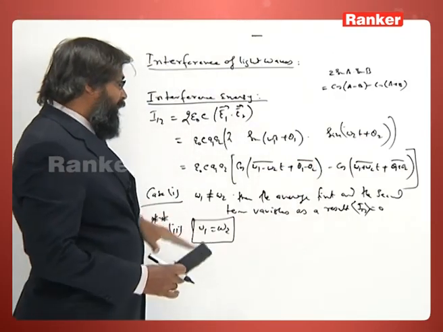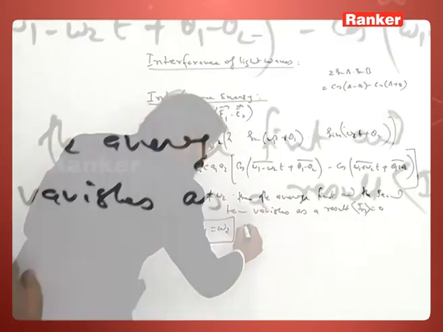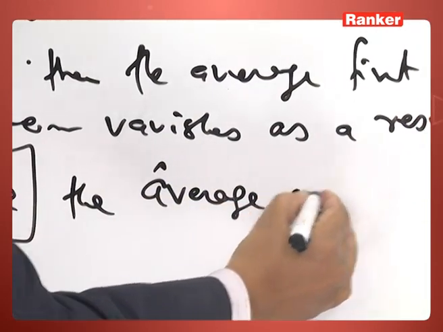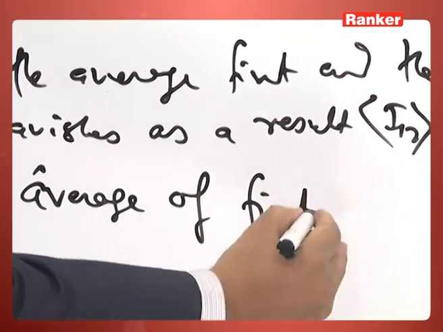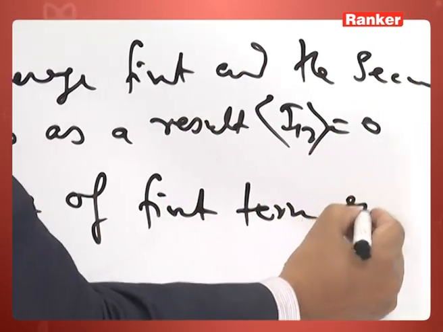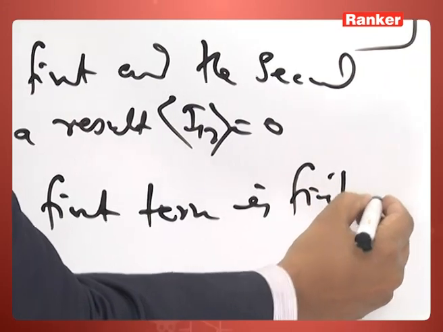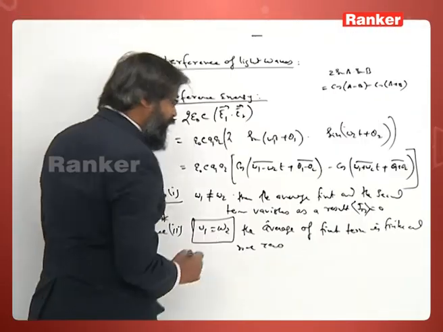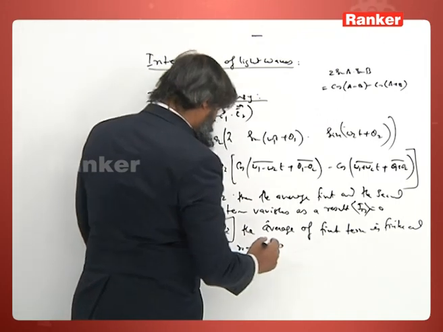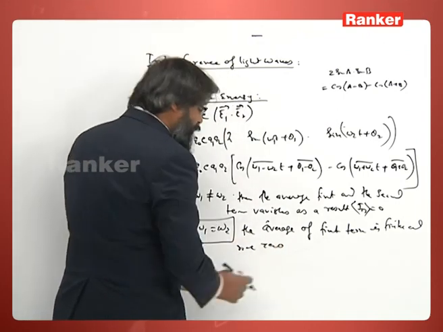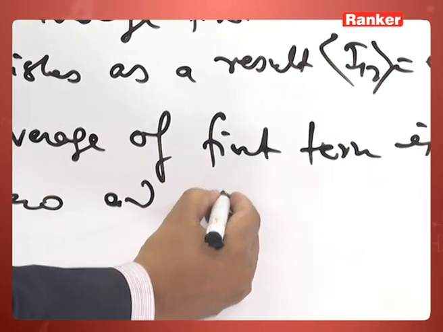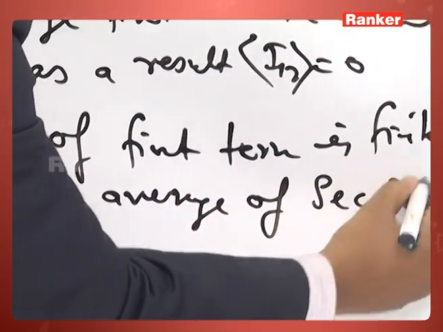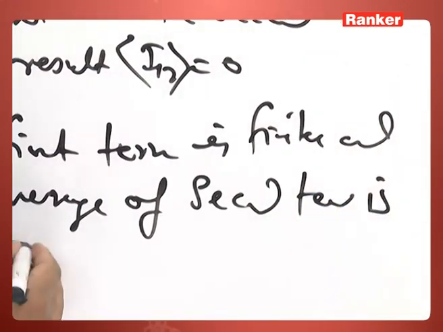So, when omega 1 equal to omega 2, the average of the first term is finite and non-zero, and the average of the second term is 0.